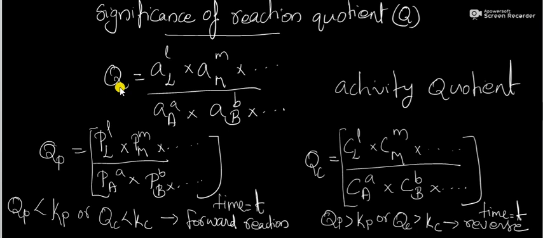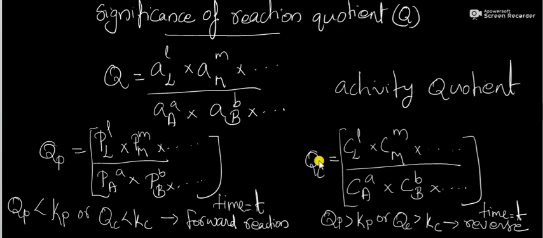And this reaction quotient may be expressed as Qp and Qc. Then what is Qp? In Qp, the activities of the constituents are replaced by their partial pressures for a gaseous reaction.